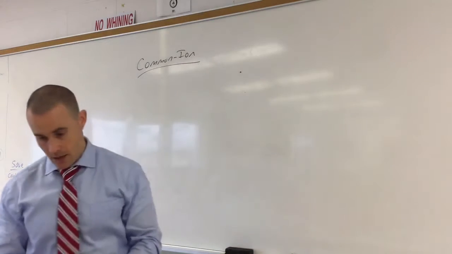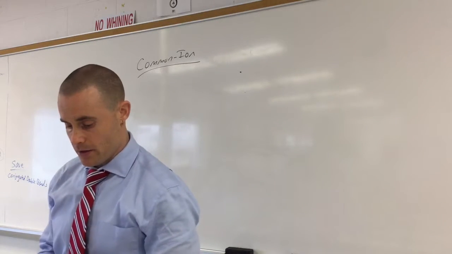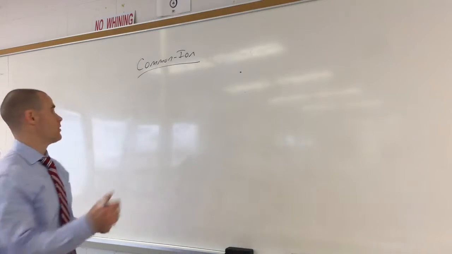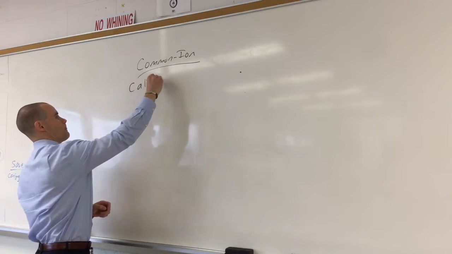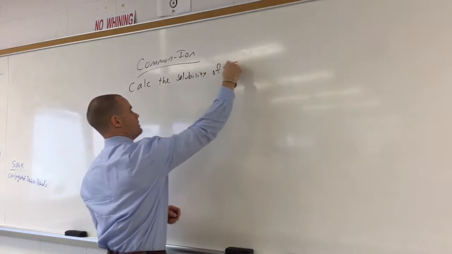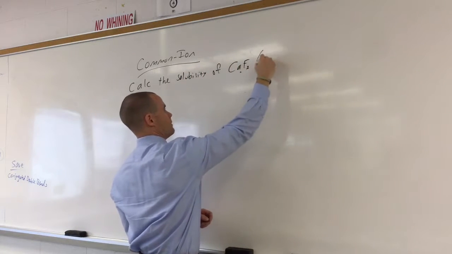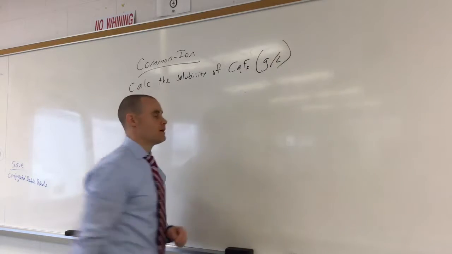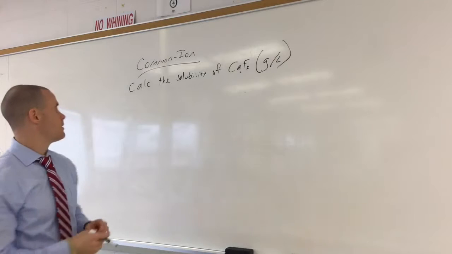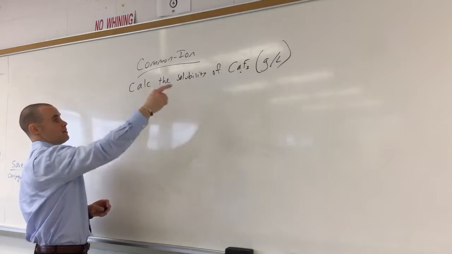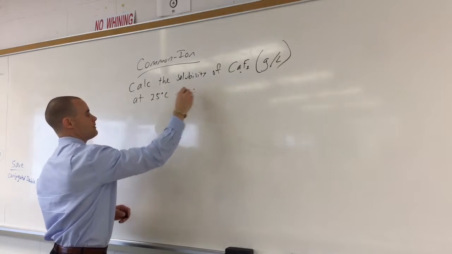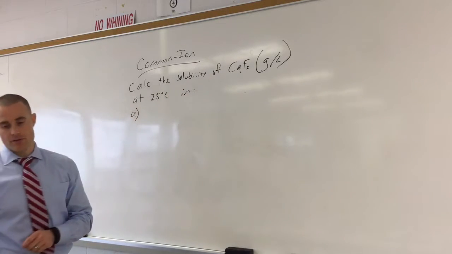All right. Calculate the solubility. Remember, that's grams per liter. Calculate the solubility of calcium fluoride, CaF2, in grams per liter, at 25 degrees Celsius in, and then you've got a couple options here.